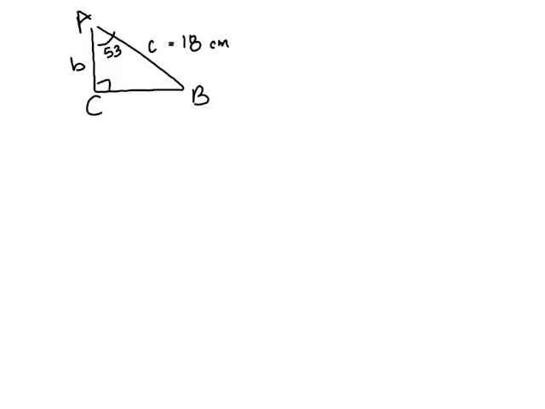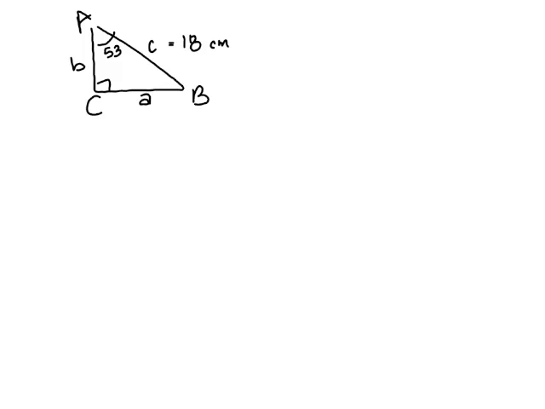So I don't have little b, don't have little a, and I don't have angle B. So in relation to angle A, what do I know? Okay, I know the hypotenuse. So which of the two ratios can I use? Sine or cosine?